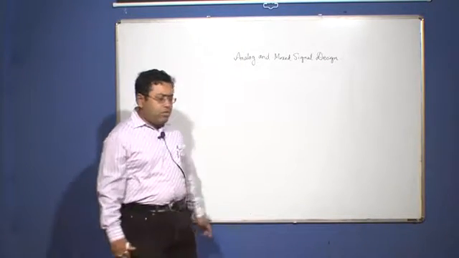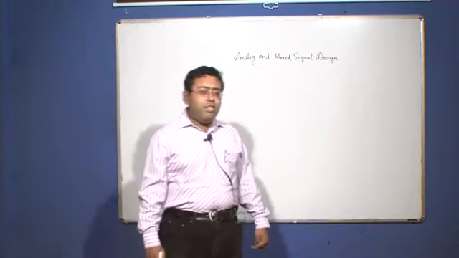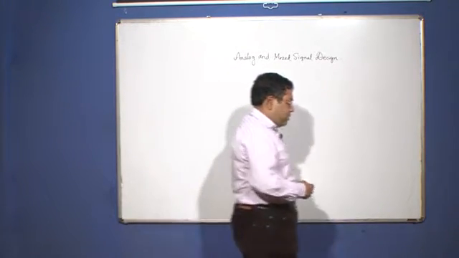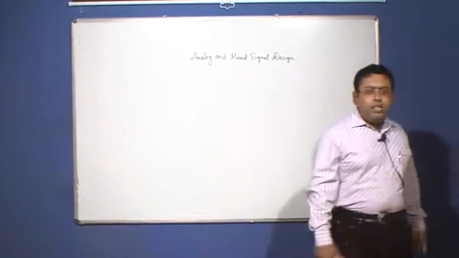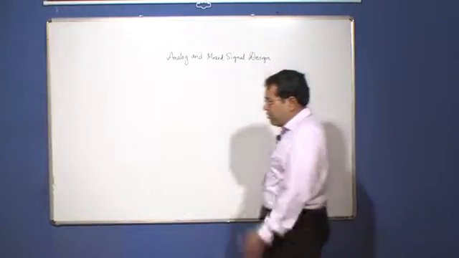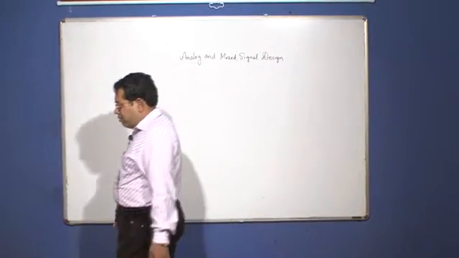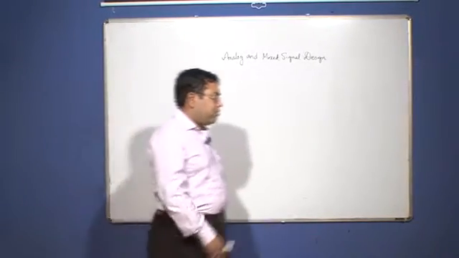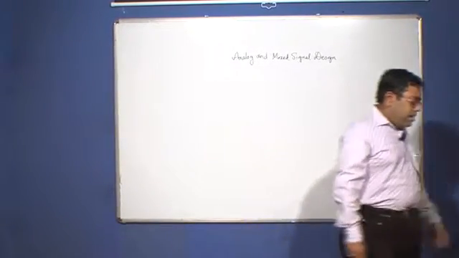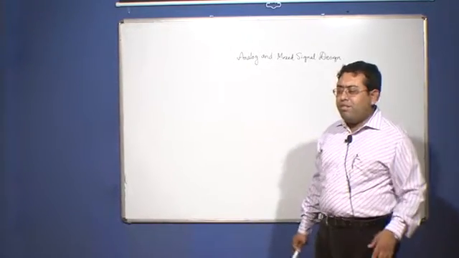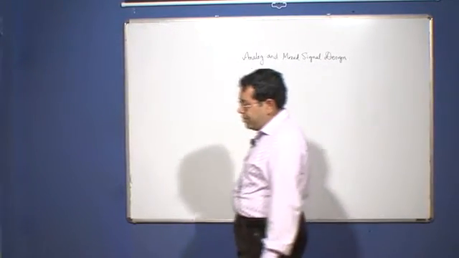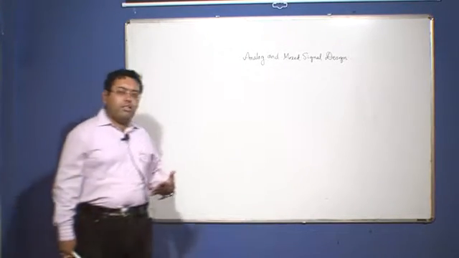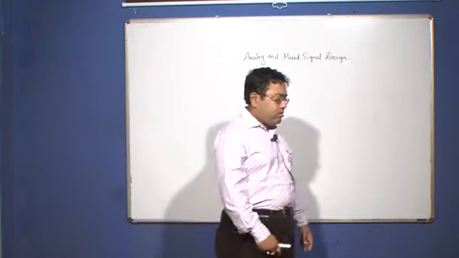So, in this course we are going to learn analog and mixed signal design. Now, as you understand, this course is aimed at giving you an overview of the behavior of MOS devices more from a functional point of view rather than going into the structural details, and then use the terminal behavior of MOS devices to design and analyze the behavior of various analog electronic circuits.